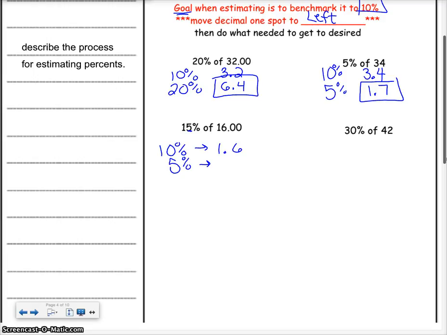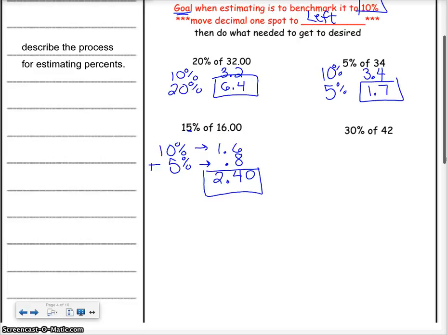Well, 10% is 1.6, so half of it is 0.8. 15% is 10 plus the 5%, which turns into 2.4, and maybe you want to write 2.40, 2.400, it's all equivalent. So again, at 15% I found my 10, I needed a 5, and then I added them together.